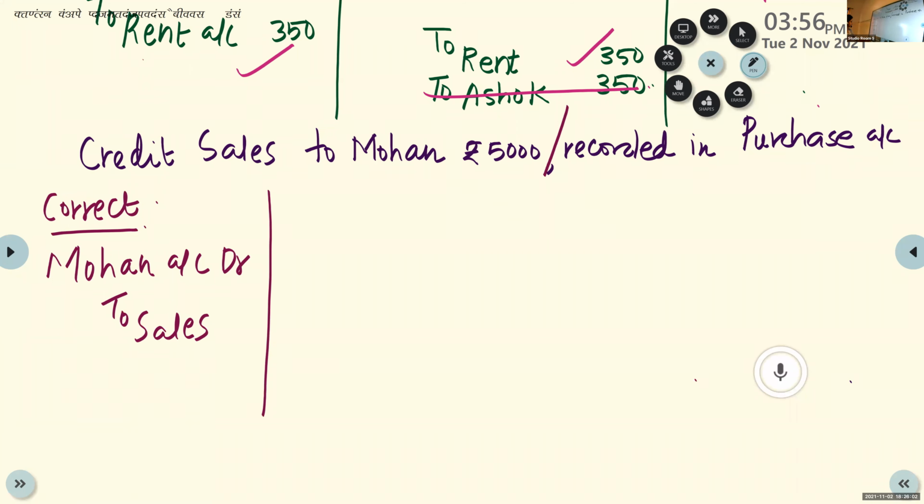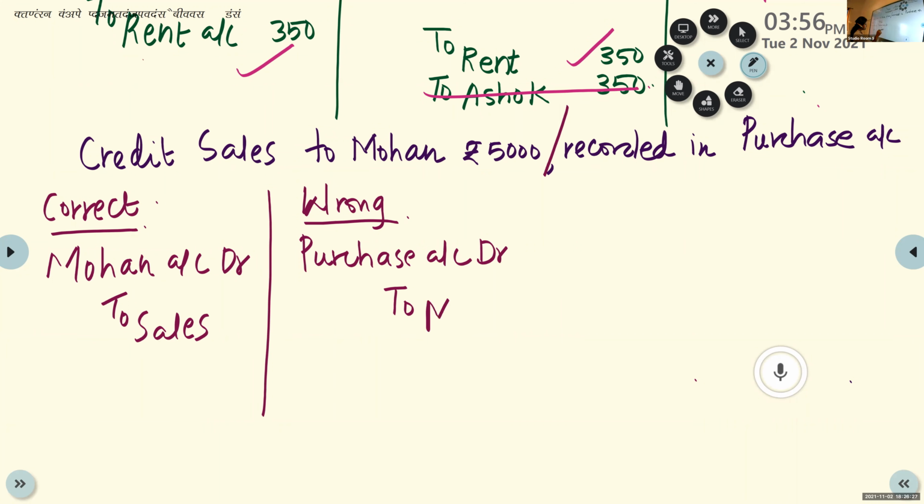Now, what is the mistake here? We have recorded this transaction in the purchase account. It is treated as purchase. So, the entry is purchase account debit to Mohan. Actually, it is credit sales, but it is taken as credit purchase. That was the mistake.